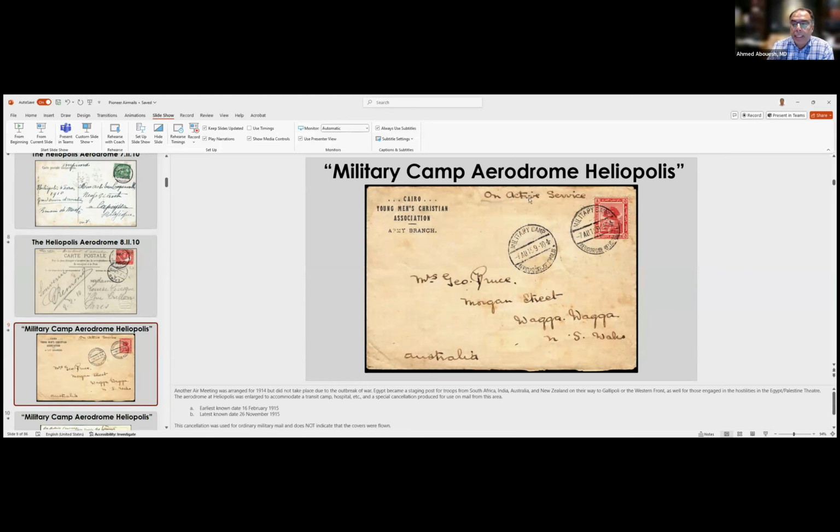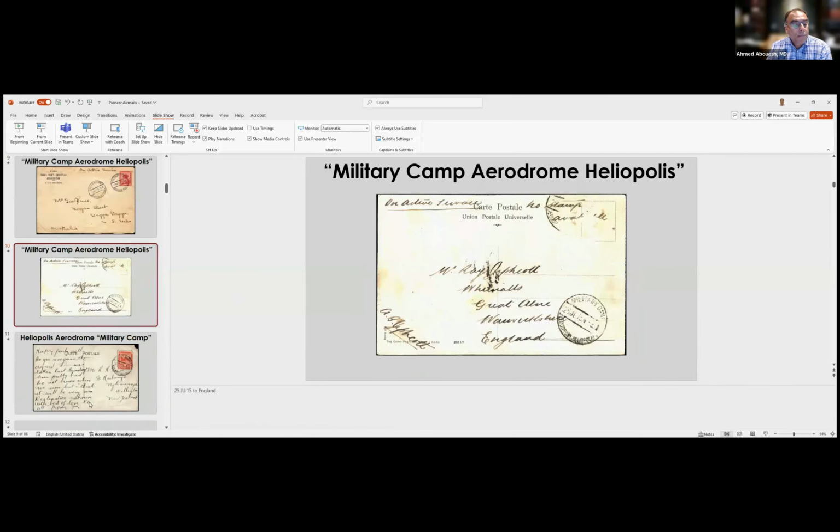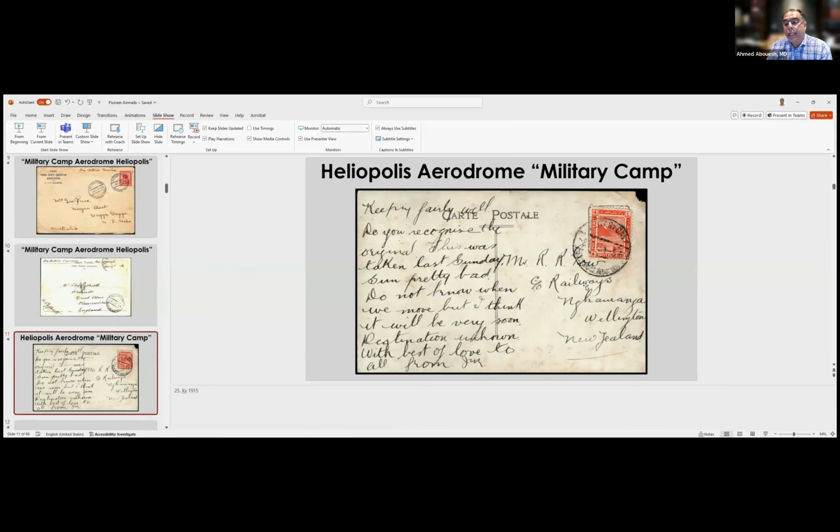This doesn't necessarily mean that they were flown covers, but this one is to Wagga Wagga, and the next one, I'm sorry, it's a poor scan, without stamps, on active service, was to England. And then the next one to Wellington, New Zealand.